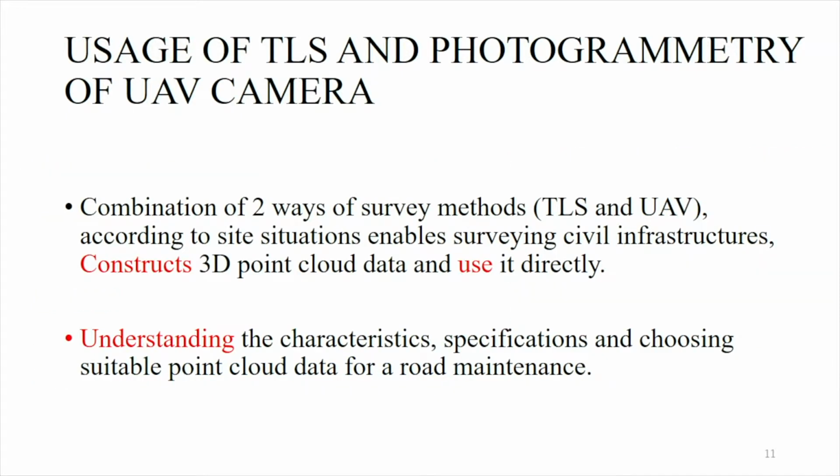So we combine the two survey methods, UAV and TLS, according to the site situation, surveying civil structures, constructing 3D point cloud data and using it directly. Understanding the characteristics and specifications in order to choose suitable point cloud data for road maintenance is important.